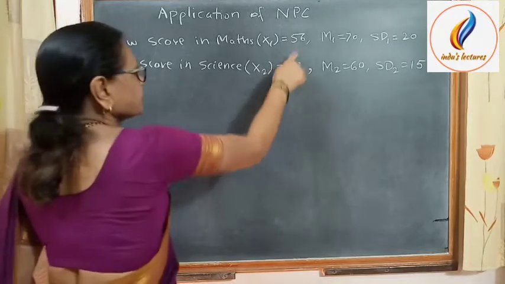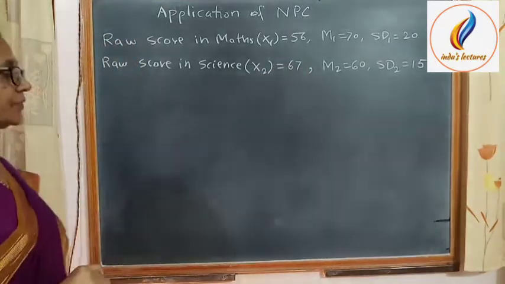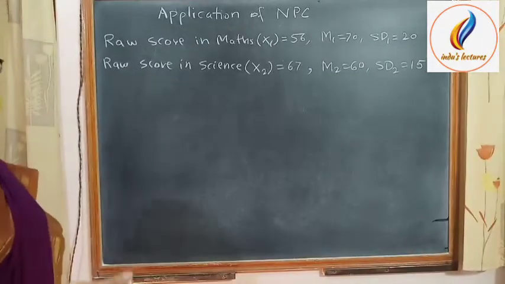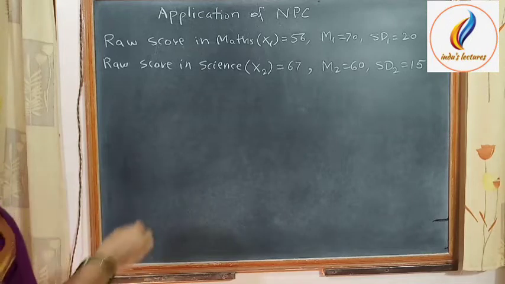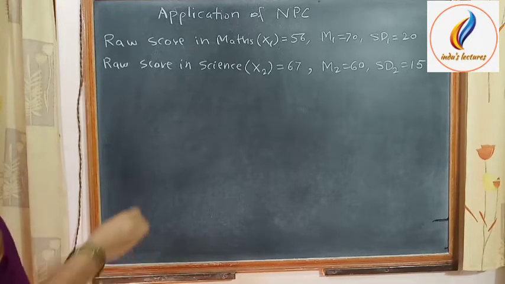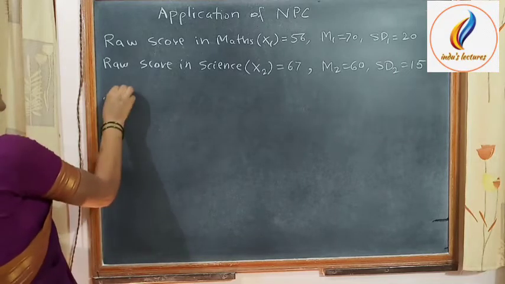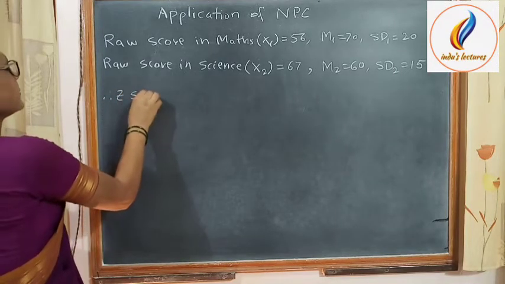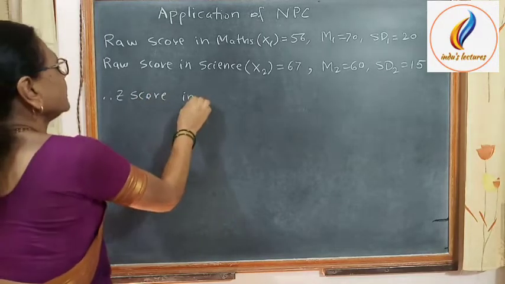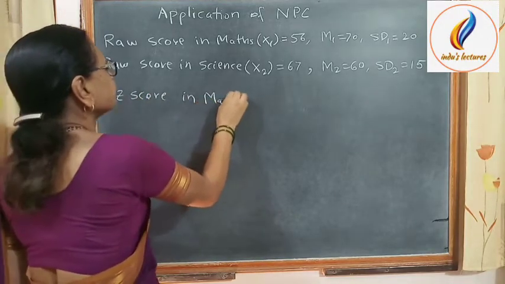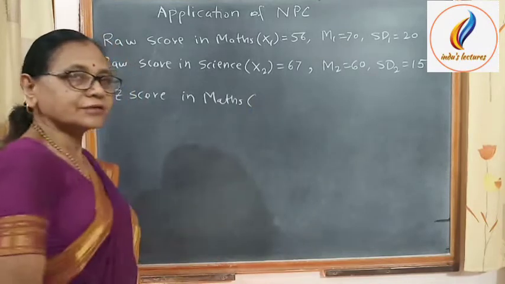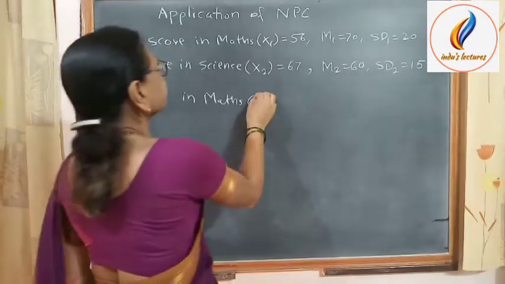Now these raw scores are not comparable. So we have to convert the raw scores into Z scores. So we calculate the Z score in mathematics. We denote this score as Z1.